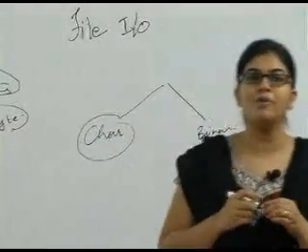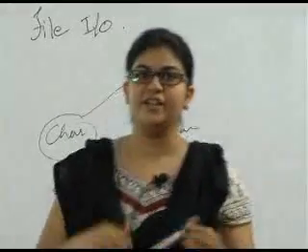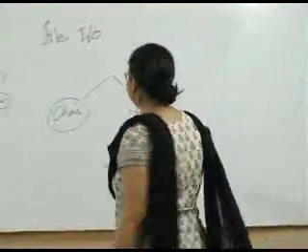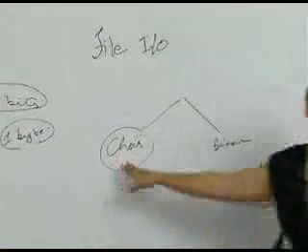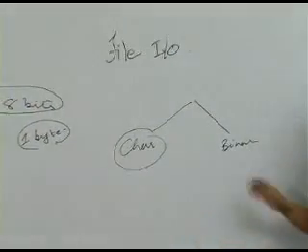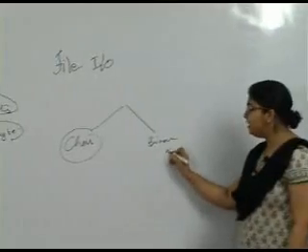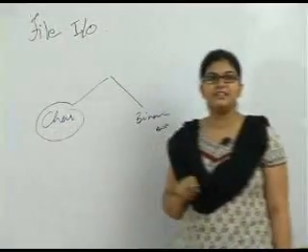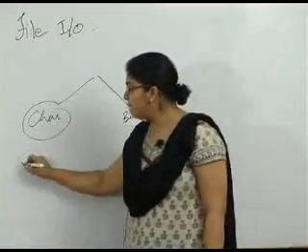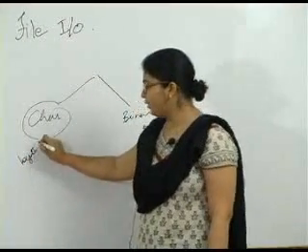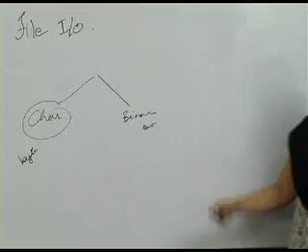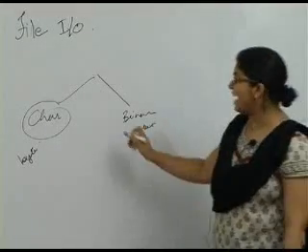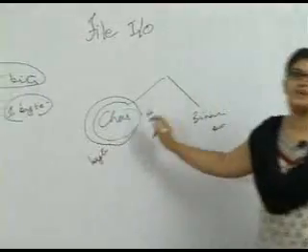So which ones are faster, the binary streams or the character streams? Binary streams read data bit by bit, whereas character streams read data byte by byte. So which one would be faster, bit by bit or byte by byte? The answer is character streams are always faster.